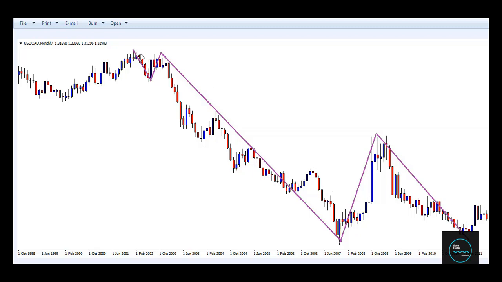Conversely, we can also call this the first wave, second, third wave, fourth wave, fifth wave, then a correction into another wave, which will now become wave 1, wave 2, and then the start of wave 3 here. So there are so many ways, and when you are counting waves, it's rather subjective.